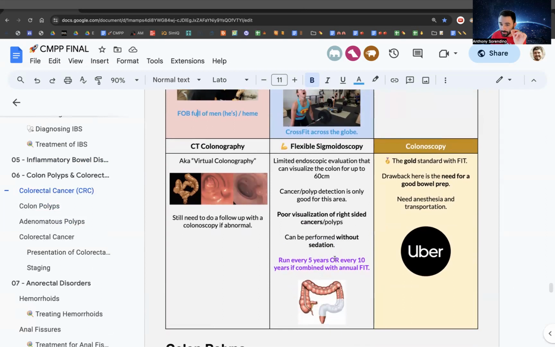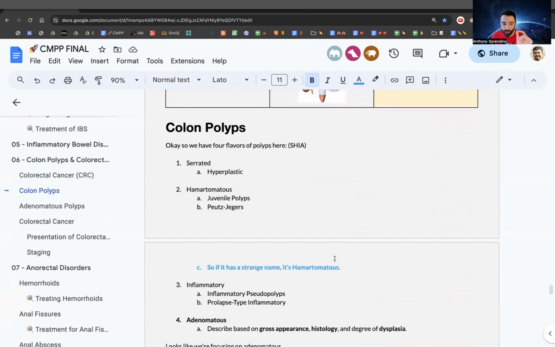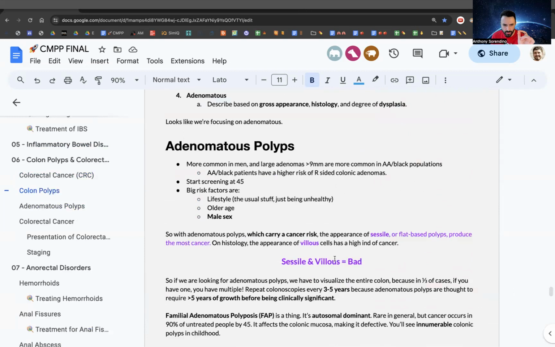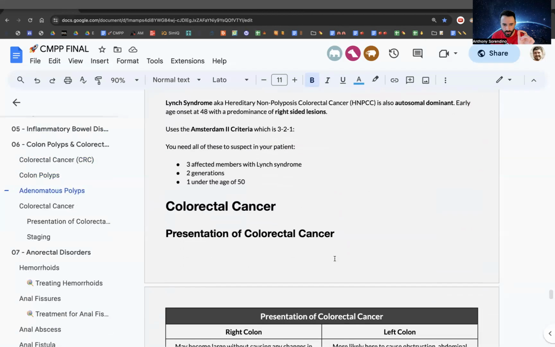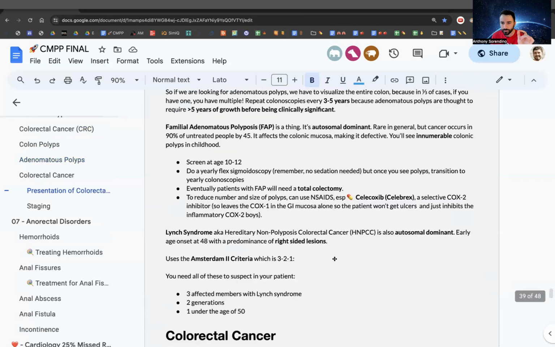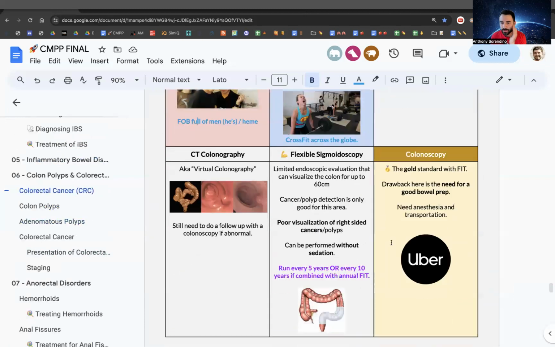Now, a colonoscopy, this is the gold standard to do with a FIT test. The drawback here is the need for a good bowel prep. So they have to prepare the day before. They have to drink laxatives and clear everything out.